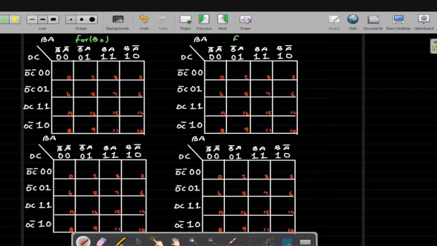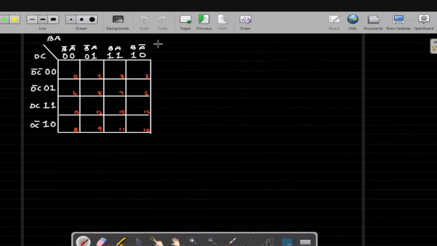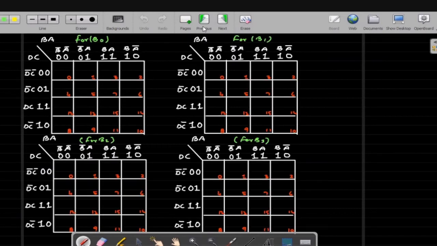This is for B1. This is for B2. This is for B3, and this is for B4.